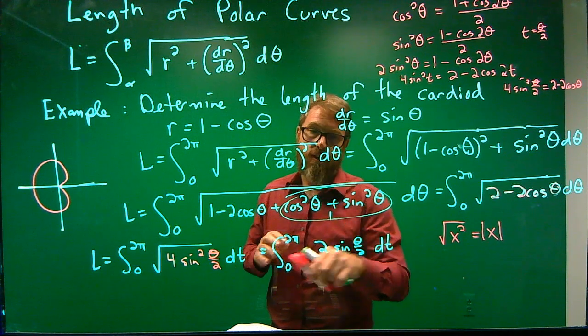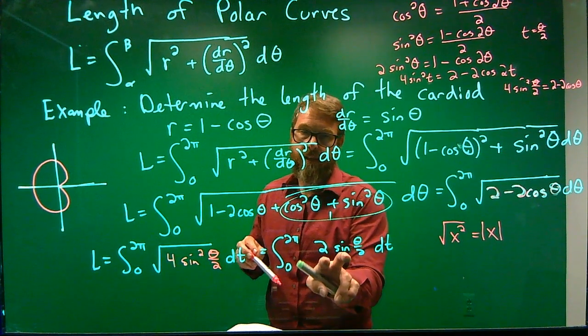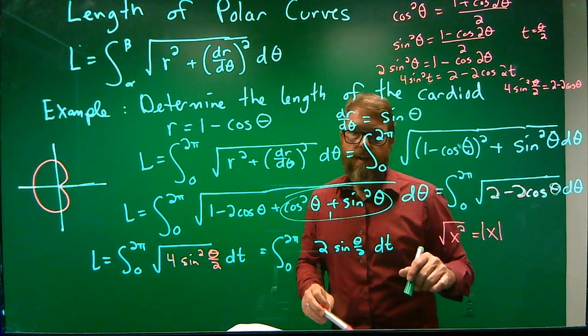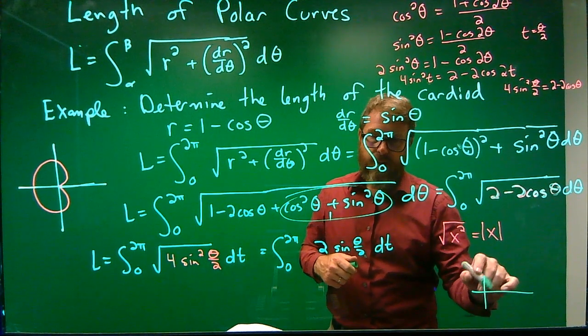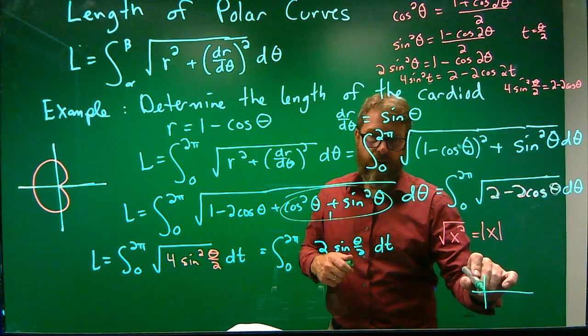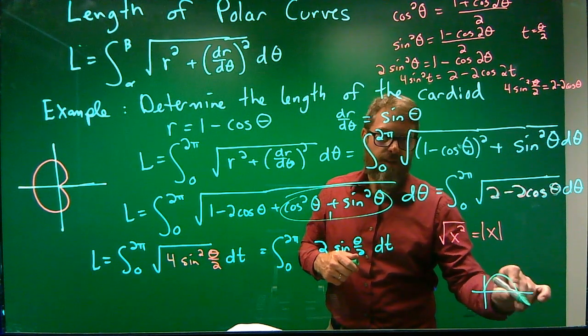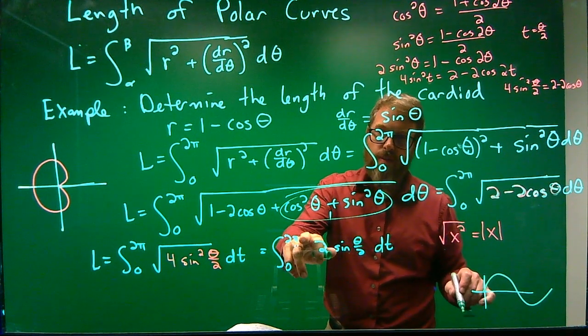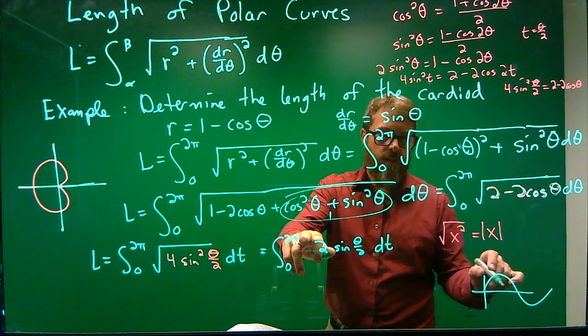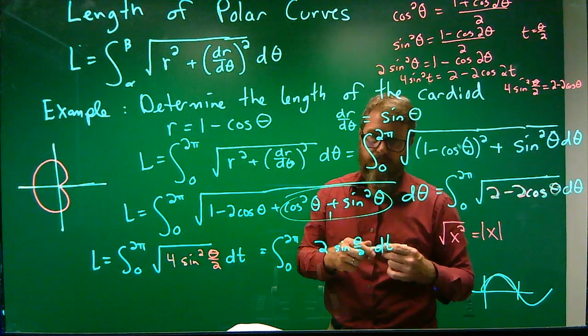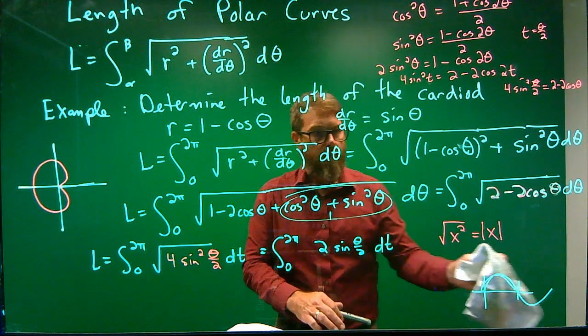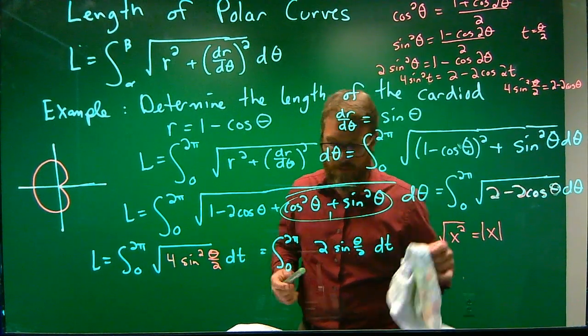We can actually verify that too. This curve here, when we're talking about theta over 2, we're going from 0 to 2 pi, so we're technically going from here to here. So we're talking about just this part of this. So it is positive, so we're good to go.